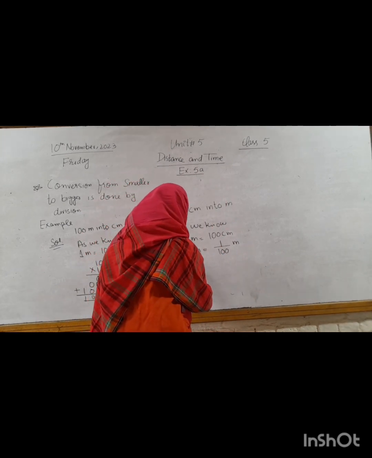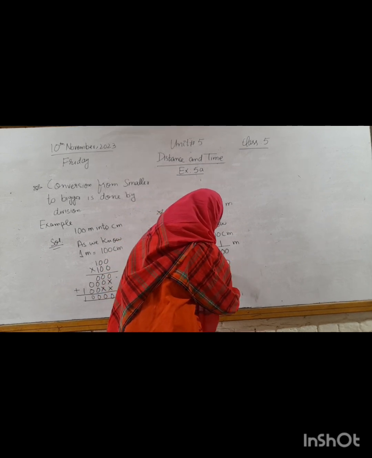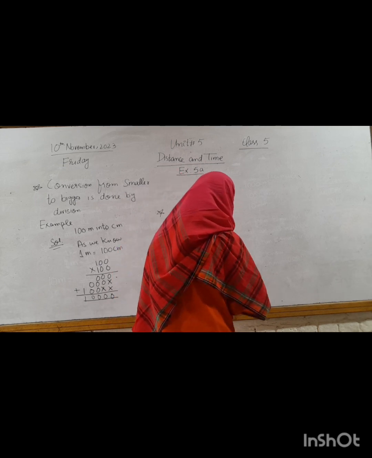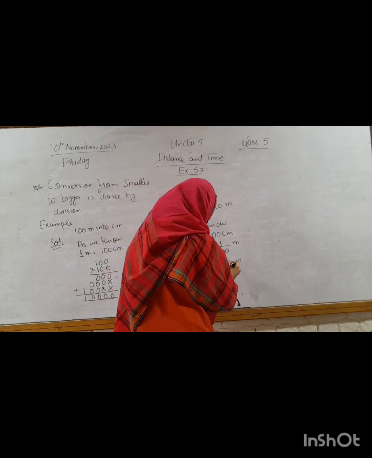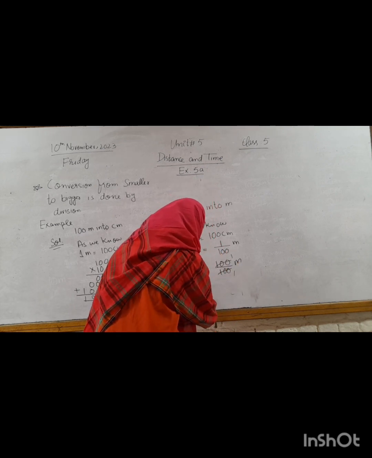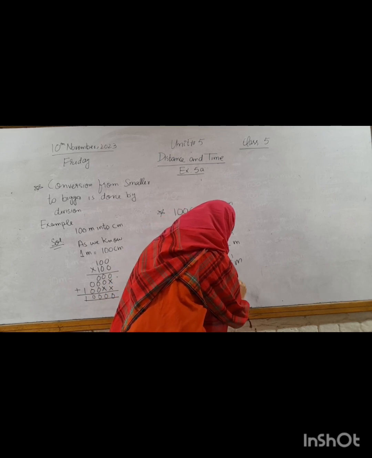So 100 centimeter is equal to 100 by 100 meter, and both are the same quantity. We will cut it. 100 ones are 100, 100 ones are 100. So 100 centimeter is equal to 1 meter.